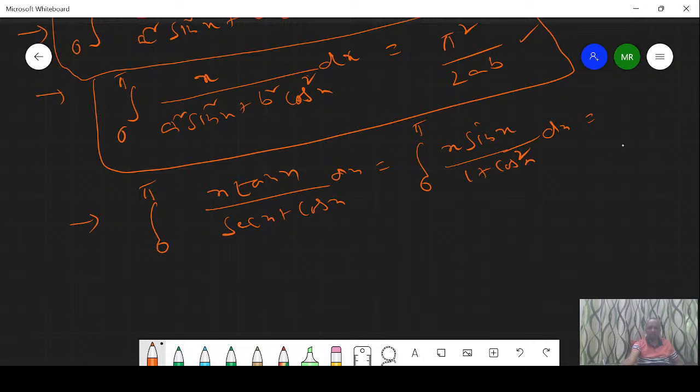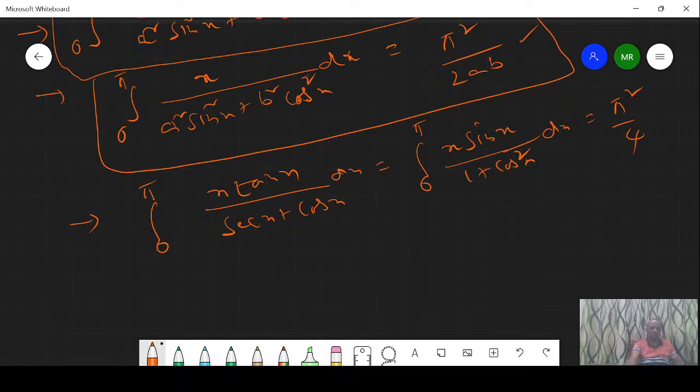If they are given like this, with both limits 0 to pi, the answer is pi square by 4. This is a standard problem: x sin x by 1 plus cos square x dx, answer is pi square by 4.